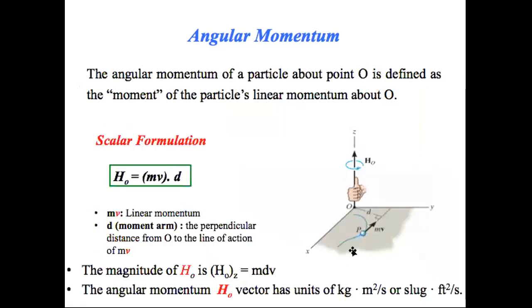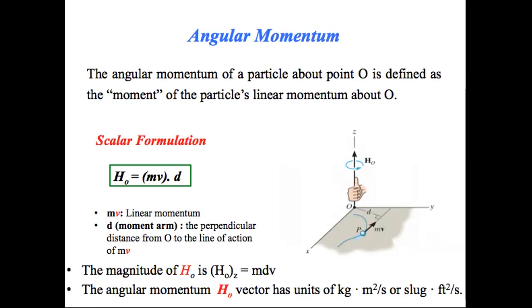Look at this figure. Consider a particle of mass m moving in the xy plane with a velocity of v. The angular momentum of this particle about point O has a magnitude equal to d times m times v, where d is the moment arm, or the perpendicular distance from O to the line of action of linear momentum.